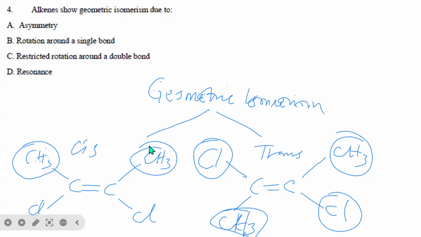So in the case of cis isomerism, the methyl groups are in the same plane, but in the case of trans isomerism, the groups are transverse to each other. So this is what you call geometric isomerism, which is divided into cis isomerism and trans isomerism, and it usually exists in a compound with restricted rotation around a double bond.